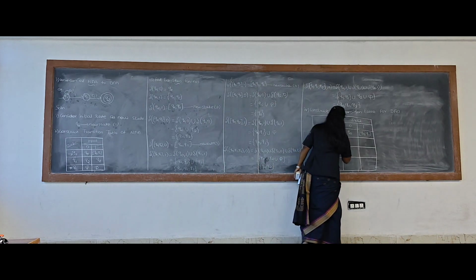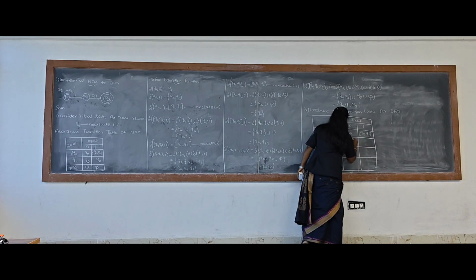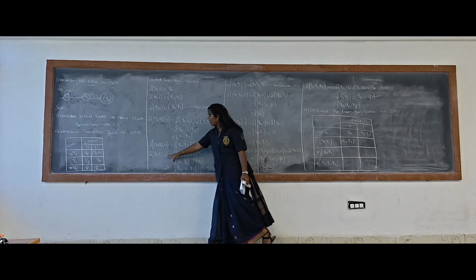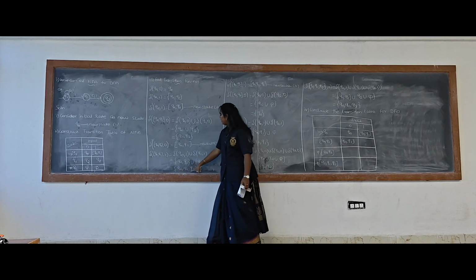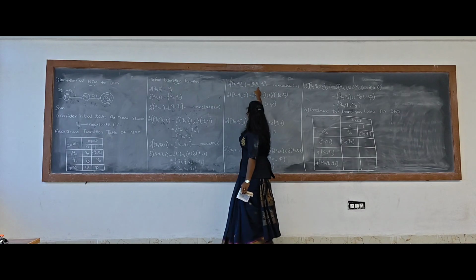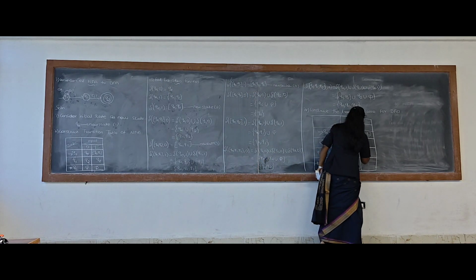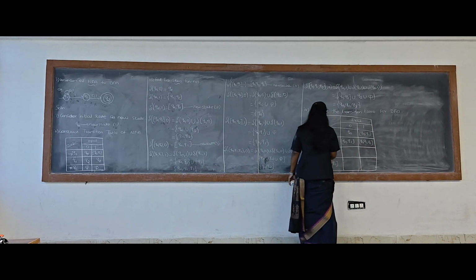Next, again Q0 Q1 reading the input symbol 1 will move to the state Q0 Q1 Q2, right? So here Q0 Q1 and Q2. Okay, next Q0 Q2. Q0 Q2 reading the input symbol 0 will move to the state Q0.